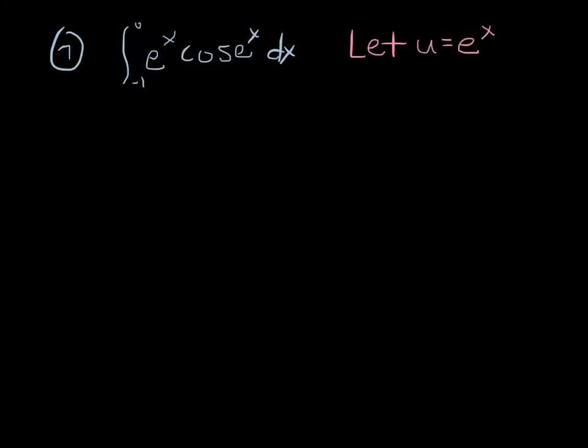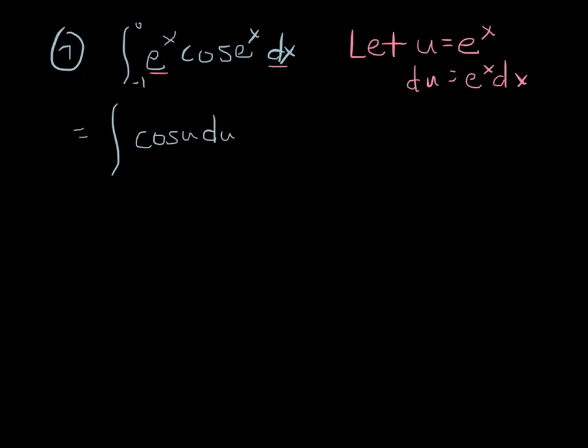Number 7, we're going from negative 1 to 0 of e to the x cos e to the x. So let's let u equal e to the x. So this here, e to the x dx, that's our du. So we've got cos u du.